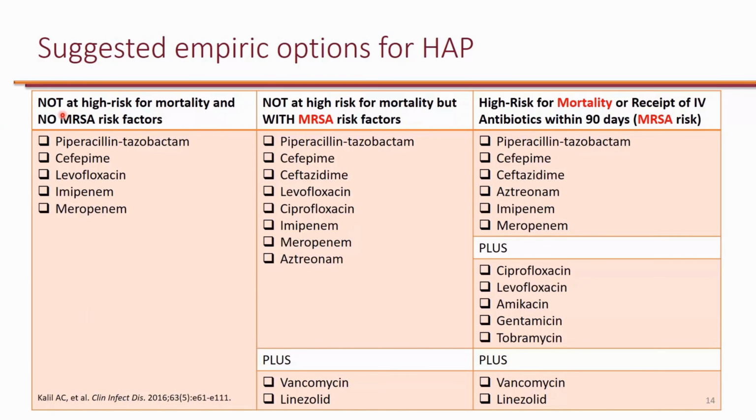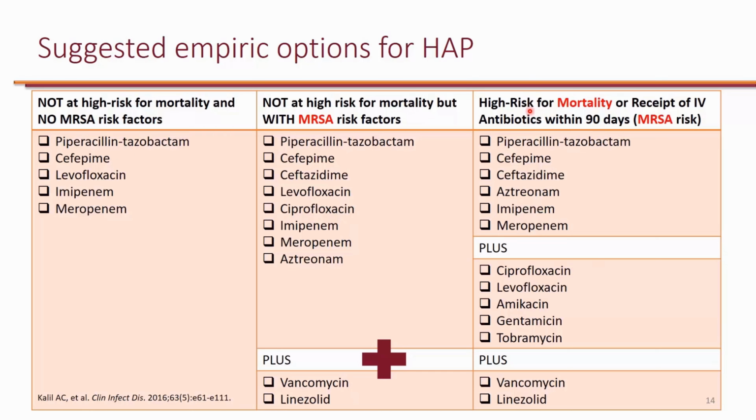So if someone has HAP and is not at risk for mortality and no risk factors for MRSA, they can receive a single one of these agents. So these agents will cover pseudomonas as well as MSSA. Whereas if someone is at risk for MRSA, but not at risk for mortality, they can receive one of these agents for pseudomonas, plus either vancomycin or linezolid to cover for MRSA.